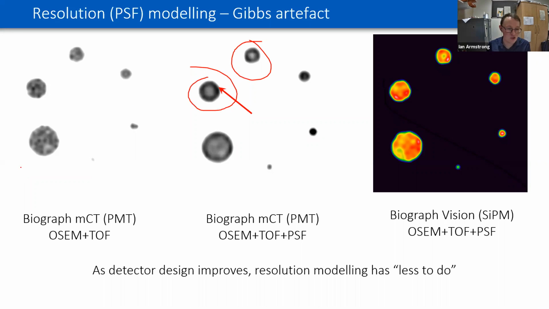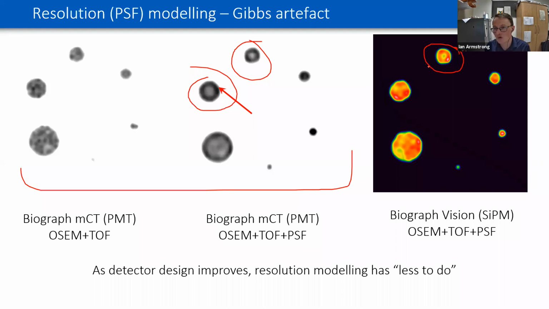We've got the traditional photomultiplier technology in black and white here, and then we move to full color here, silicon photomultiplier systems. Quite interestingly, we can see that we still have some evidence of Gibbs artifacts, these donut-shaped spheres, but they are nowhere near as pronounced on the more modern scanner compared with the photomultiplier system.